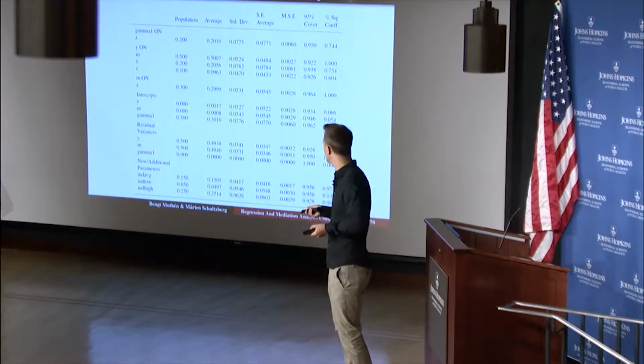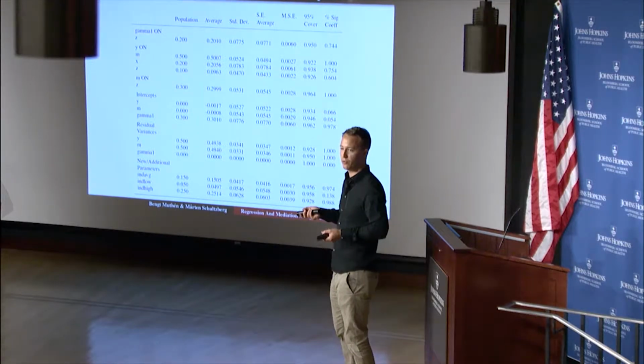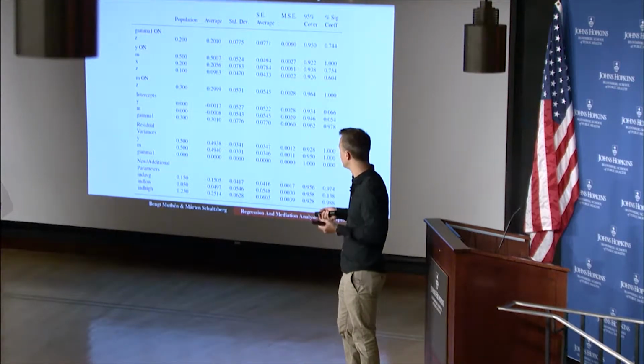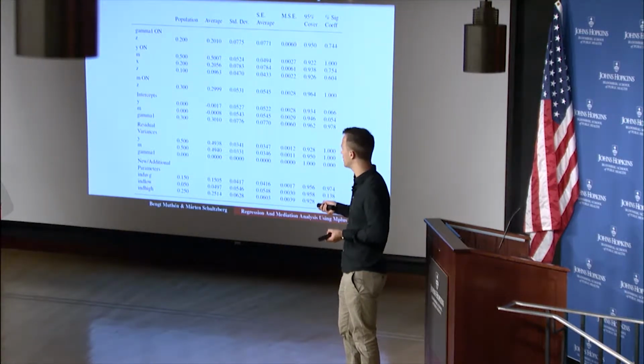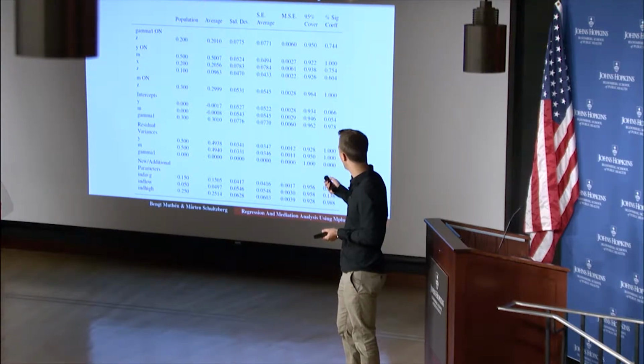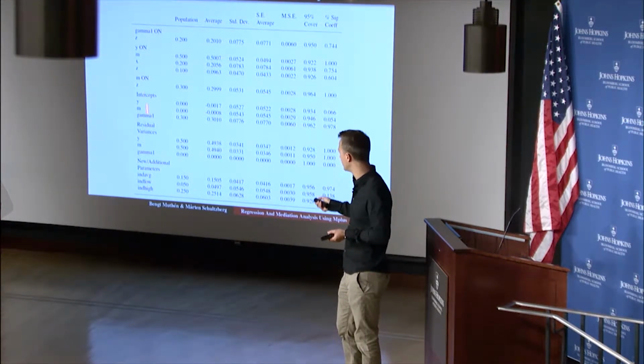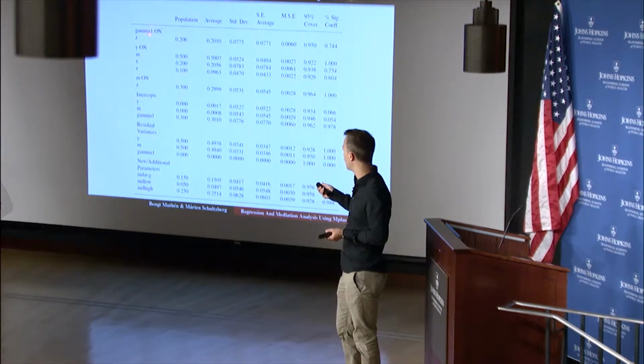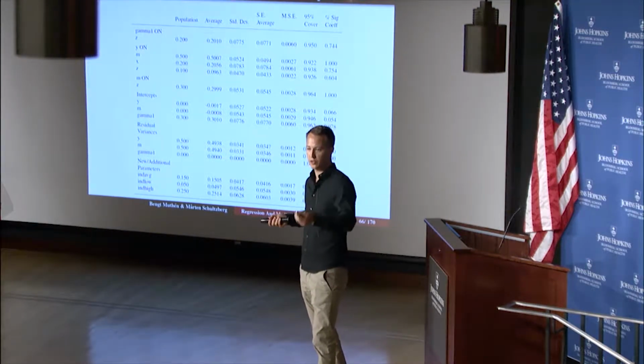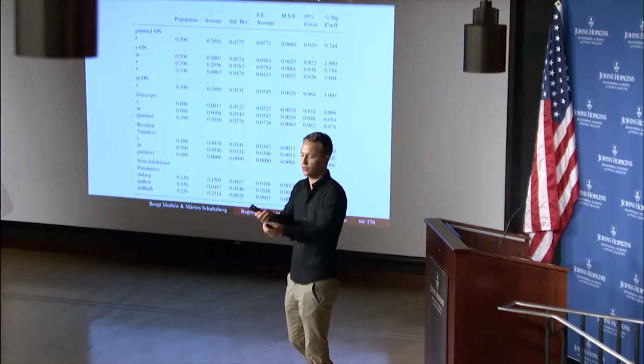I'll just briefly show you the output, because it differs a bit from when you don't do a simulation study, when you just do analysis of a data set. You now have more columns that you have to take into account. The first one is similar for us. So for example, gamma 1 on Z, the population value, that's the true value, something that we have to specify. How did we generate this data?